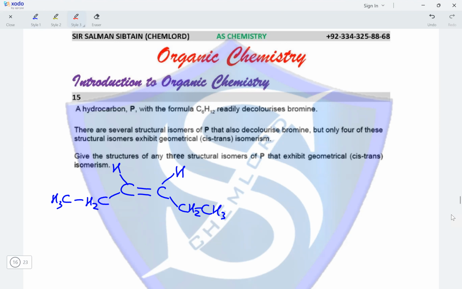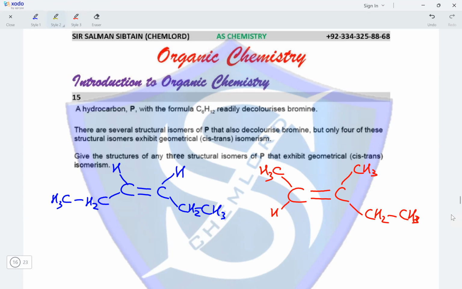Another isomer that can show cis-trans isomerism would be two carbon atoms, one having a CH3 group and the other one having a CH3 group. The first one having a hydrogen atom and the second one too. So in total, four carbon atoms are being used up, so we are left with two. So CH2 and CH3. This is the second isomer that can show cis-trans isomerism.